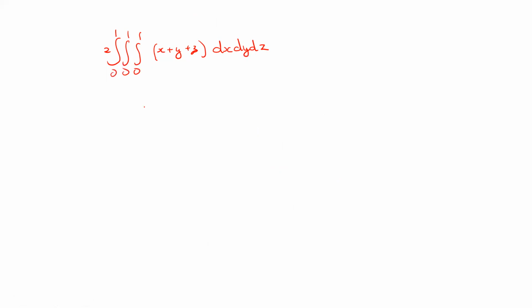You get x square by 2, and integrating the constants y and z just adds x to them, giving xz, from 0 to 1, with the other two integrals remaining outside, dy dz. Substituting the upper limit minus the lower limit in place of x only.